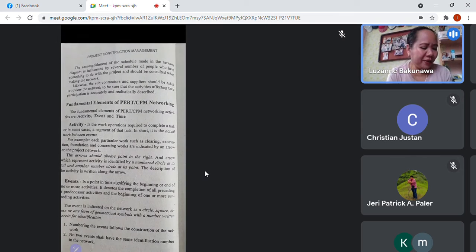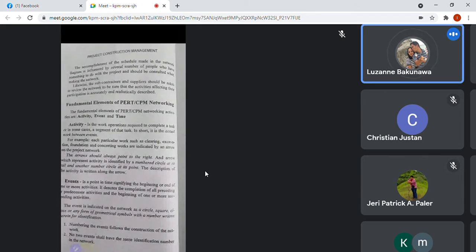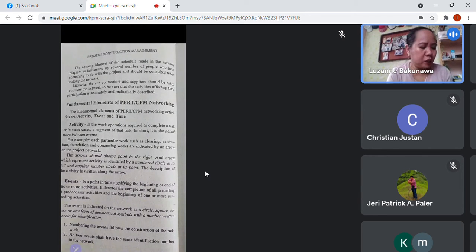The event is indicated on the network as a circle, square, ellipse, or any form of geometrical symbol with a number written therein for identification. So numbering of the events follows the construction of the network. Imo tong i-follow ang listing of activities sa imong network.